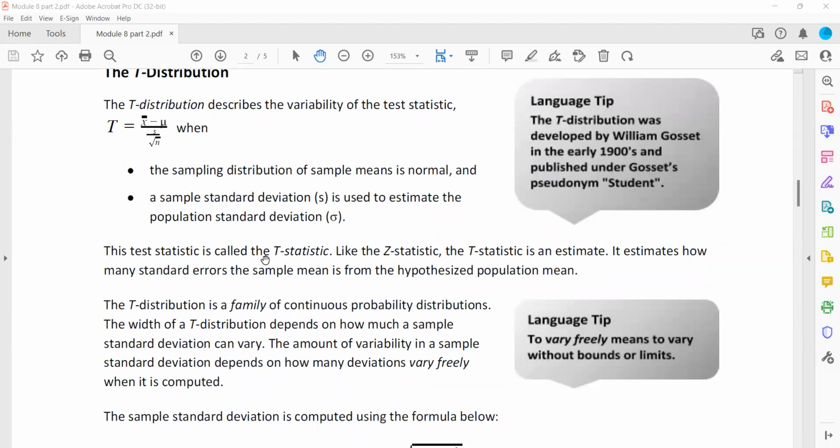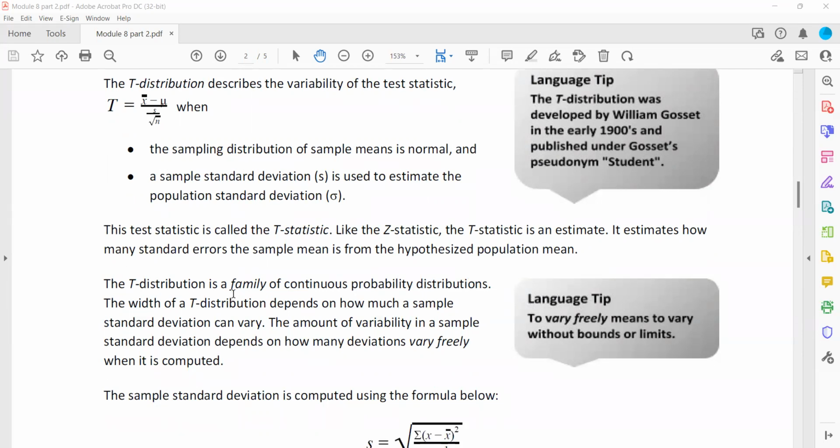This test statistic is called the T statistic. Like the Z statistic, the T statistic is an estimate. What does it estimate? It estimates how many standard errors the sample mean is from the hypothesized population mean.